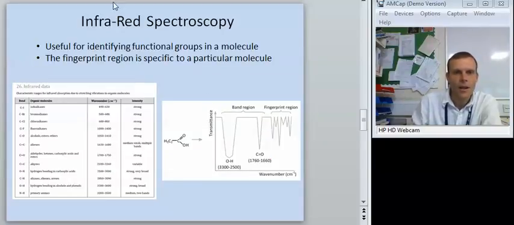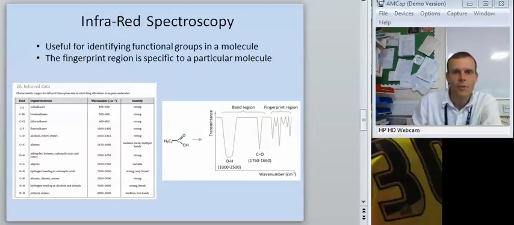Infrared is a very useful technique in identifying bonds within a compound, functional groups, let's say, because they will have characteristic stretching or vibrating frequencies.